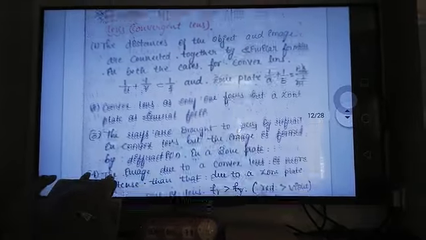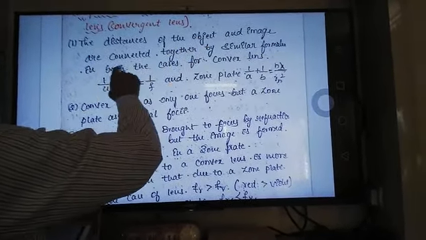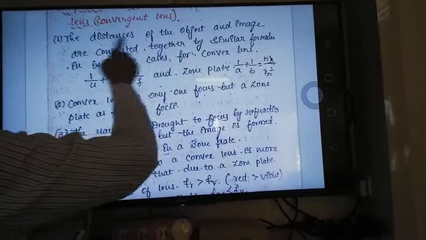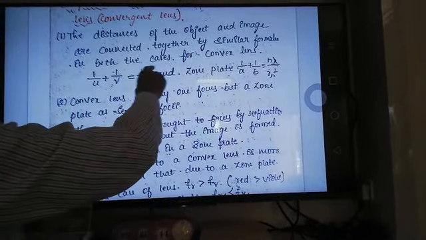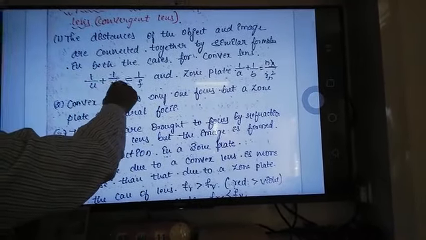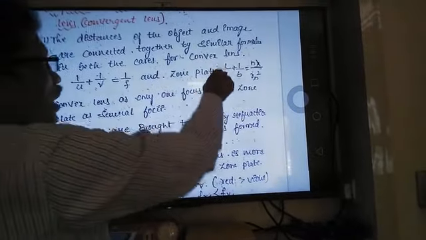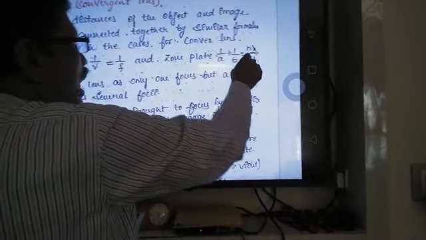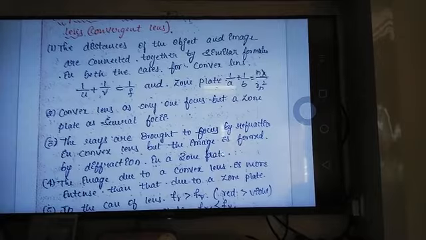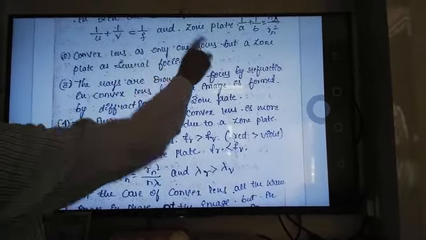The first point: the distances of the object and the image are connected by a similar formula in both cases. For the convex lens, 1 by U plus 1 by V is equal to 1 by F, and in the case of the zone plate, 1 by A plus 1 by B is equal to n lambda by Rn square. Second point: the convex lens has only one focus.